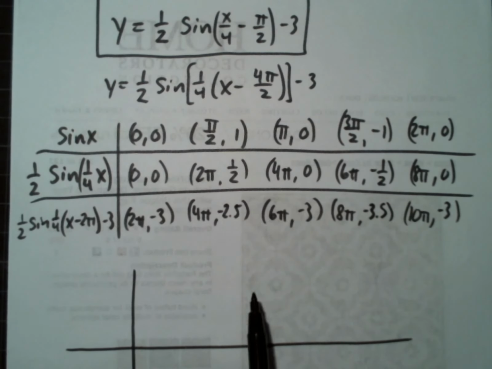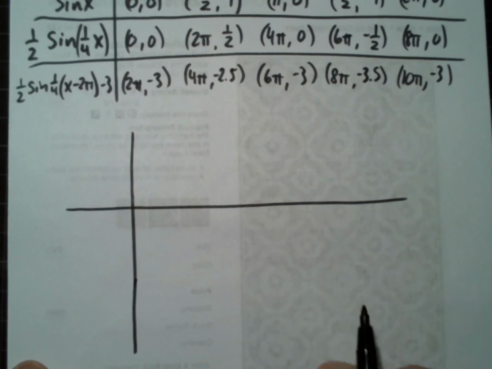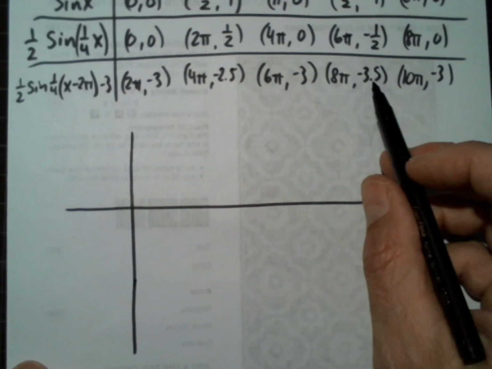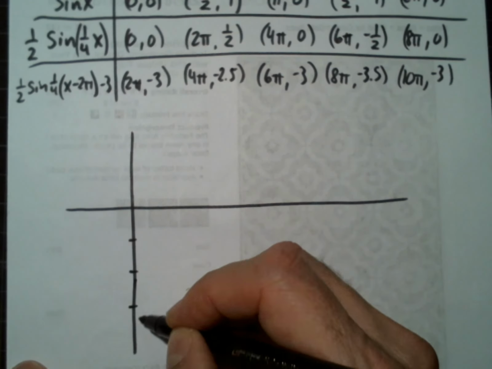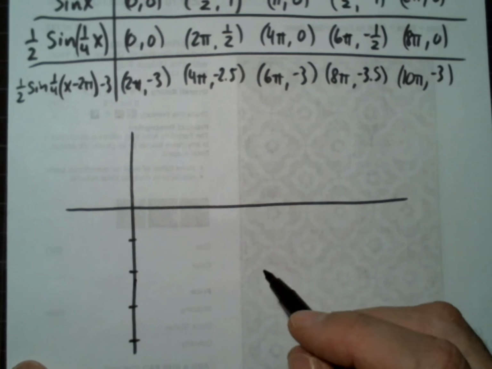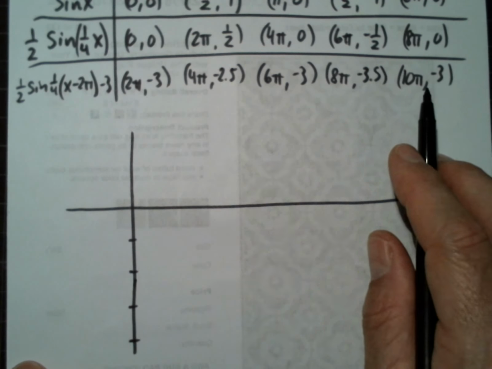All right, and we're going down further. We have a minimum of negative 3.5. And starting at 2 pi and going out to 10 pi.